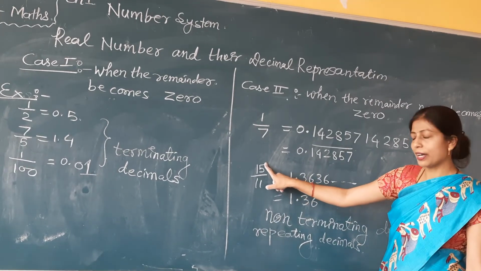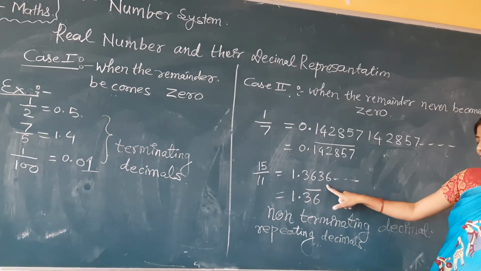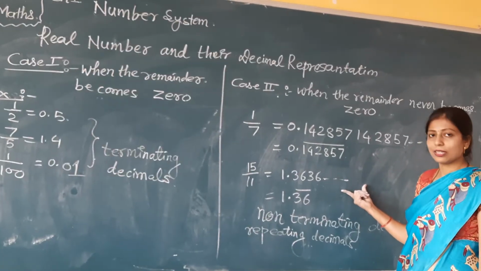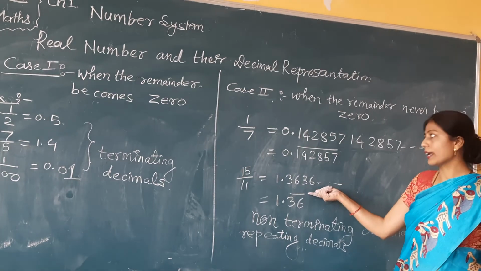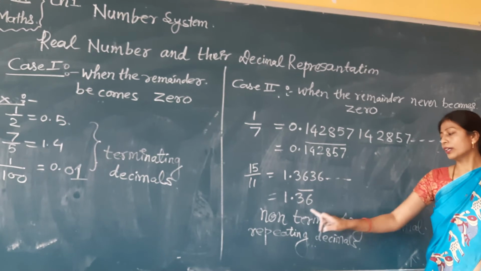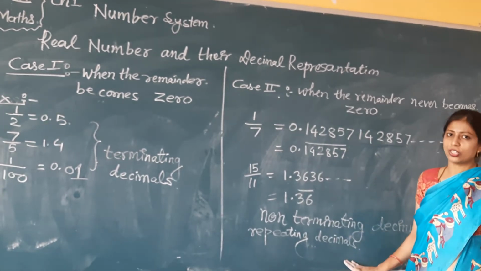Similarly, when we divide 15 by 11, we get 1.3636. This number 36 is repeated in the division. So we can write 1.36 with a bar, and this kind of decimal expansion is called non-terminating repeating decimal expansion.